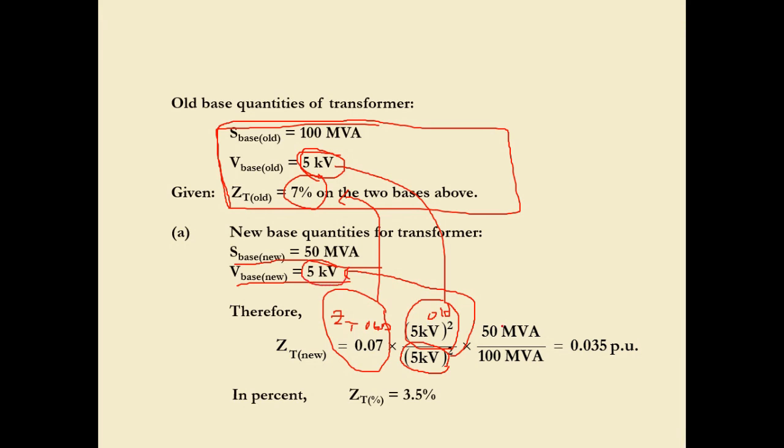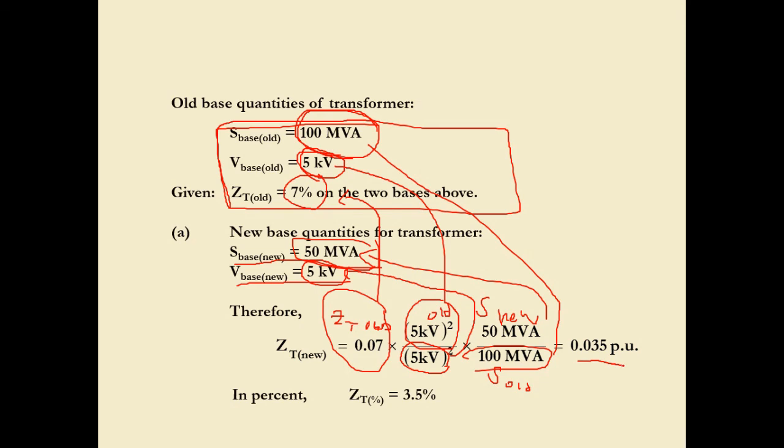Then multiply by new S over old S, the power base, of course. This is the new one, which is down here, and 100 is taken from the old data. So 0.035 PU is the new ZT. Again, to get percent, multiply by 100%, to 3.5%.